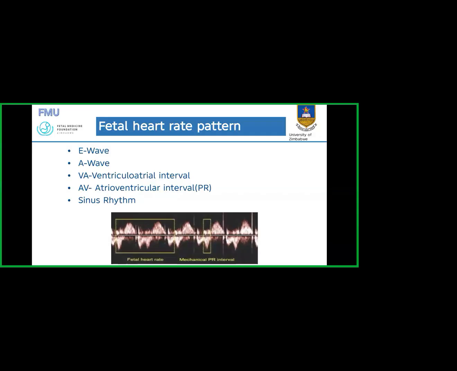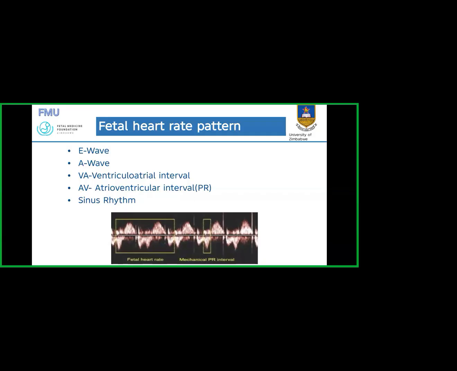So the fetal heart rate pattern looks like this. It has a wave that represents ventricular inflow, that is atrial contraction, and another wave that represents ventricular contraction, that is the outflow.